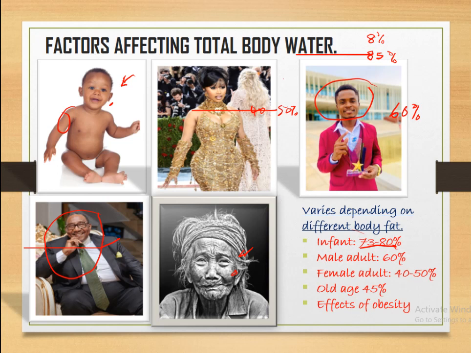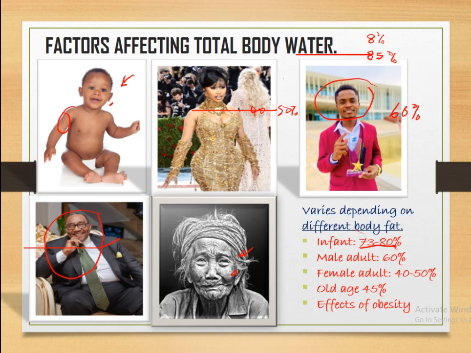So the difference in lipids also contributes to the difference in total body water. In this case, I have more total body water than the big man here. Other health conditions such as obesity also contribute to the amount of water in the human being.